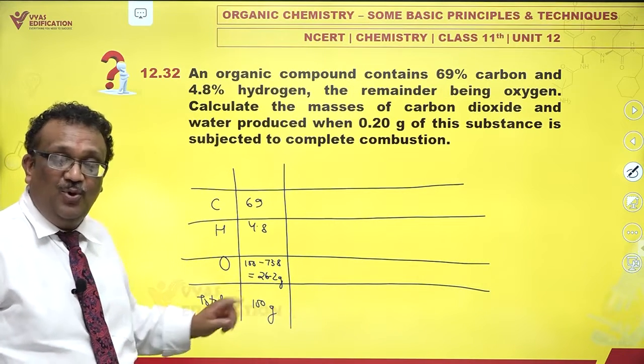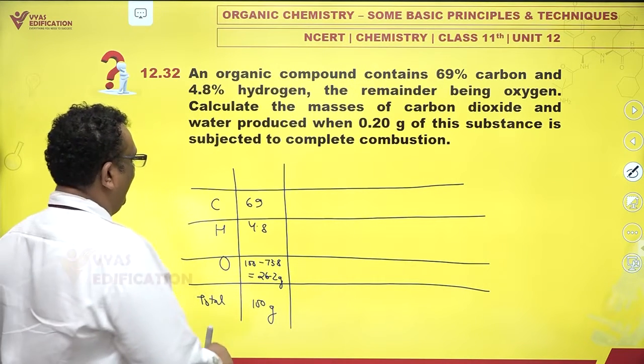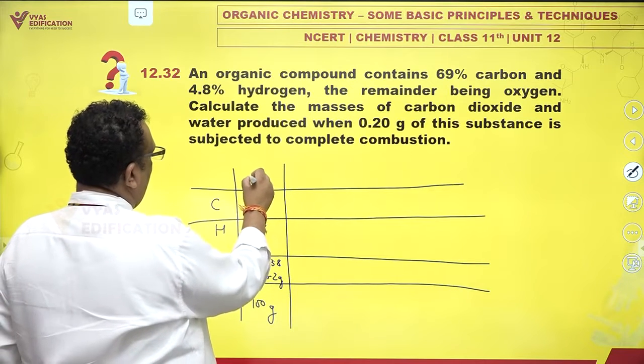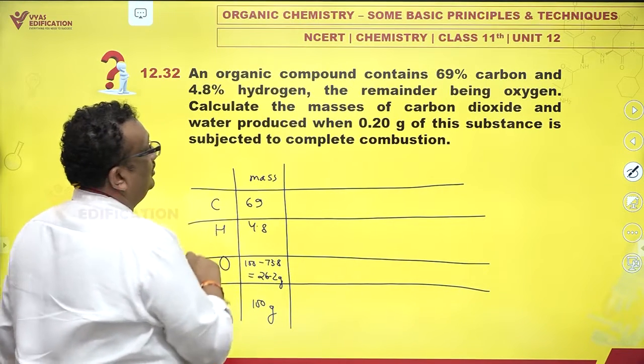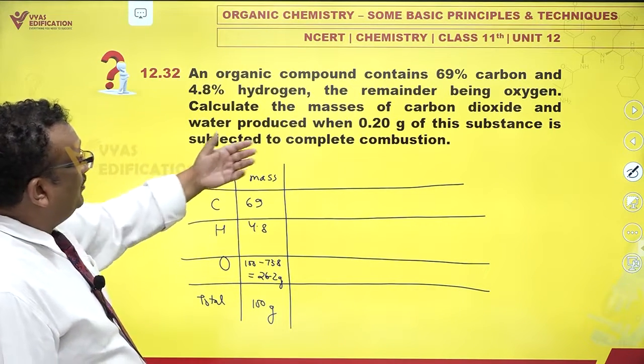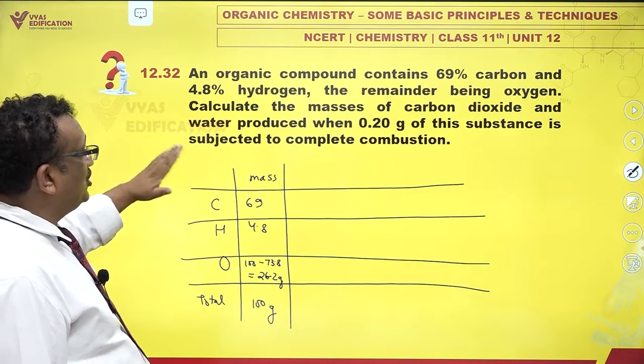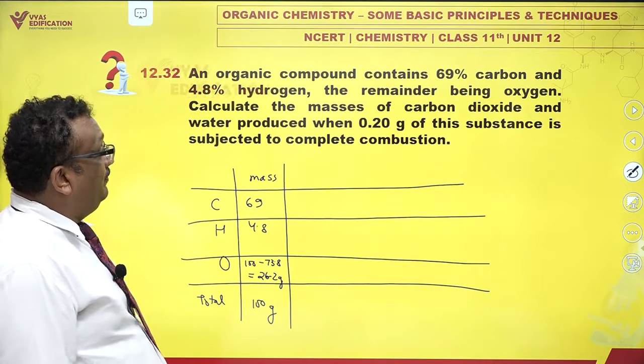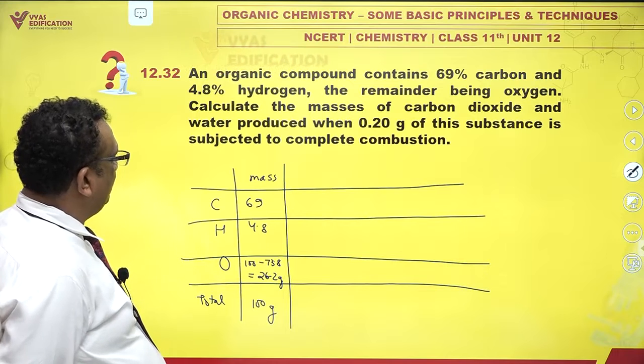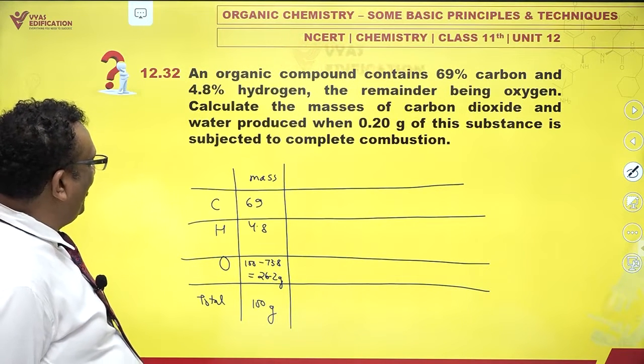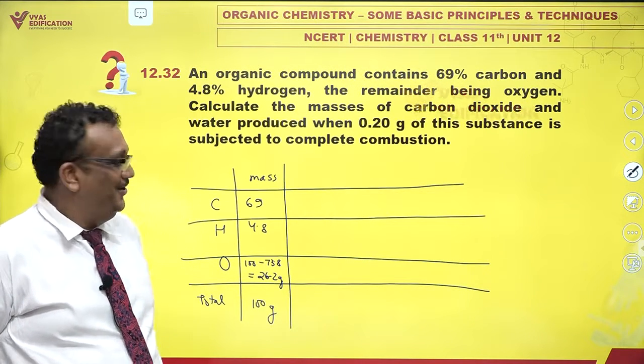It becomes 26.2 grams, right? This is mass. Calculate the masses of carbon dioxide and water produced when 0.2 grams of this substance is subjected to complete combustion.